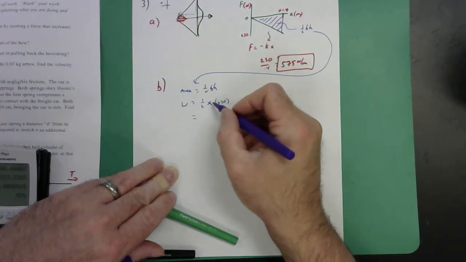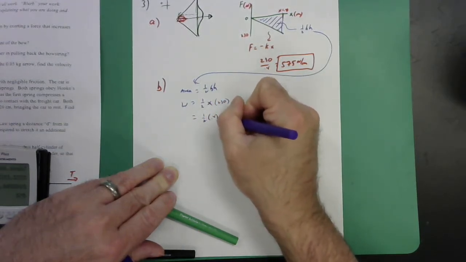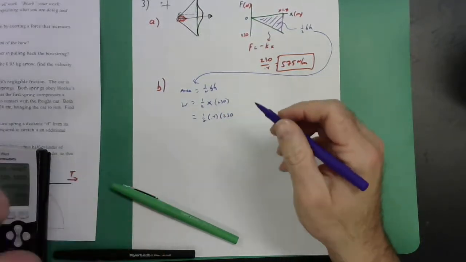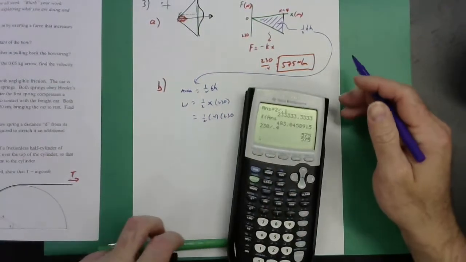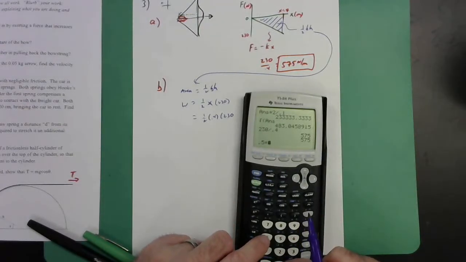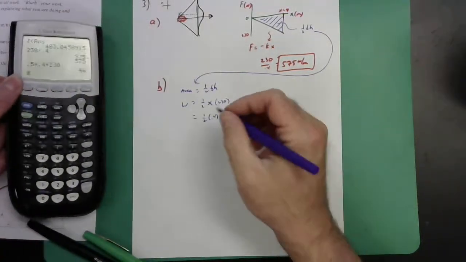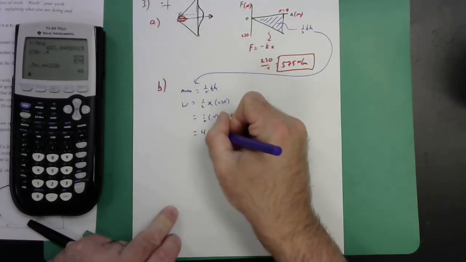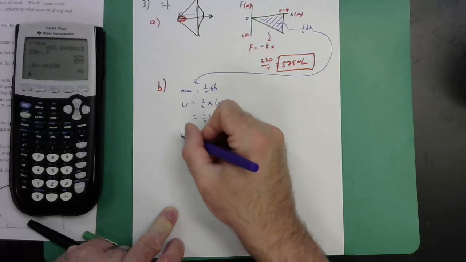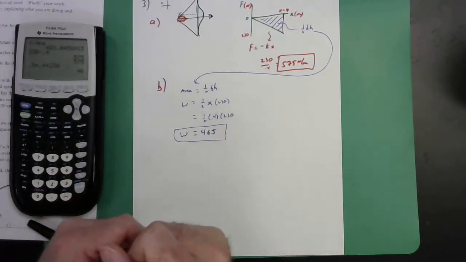So the x was 0.4, it's 0.5 times 0.4 times 230. That's going to be 46 joules. So that's the work that she did pulling the bowstring back.